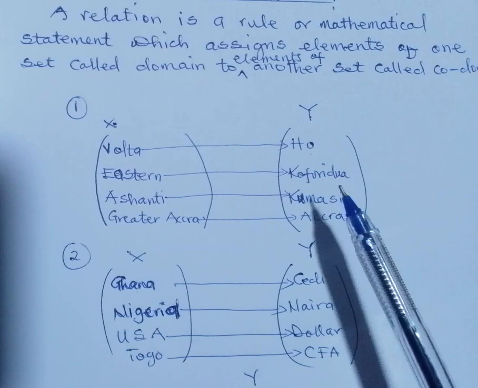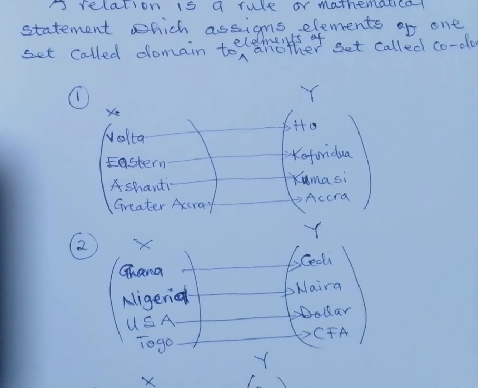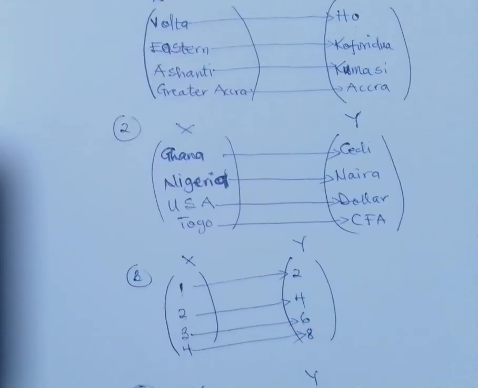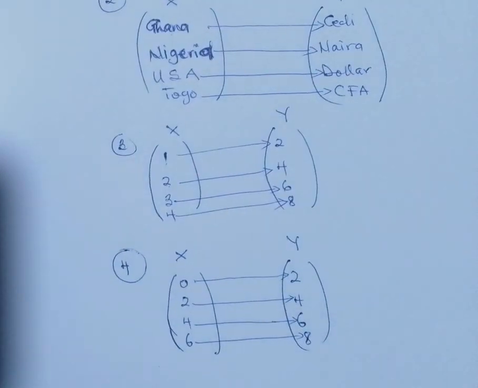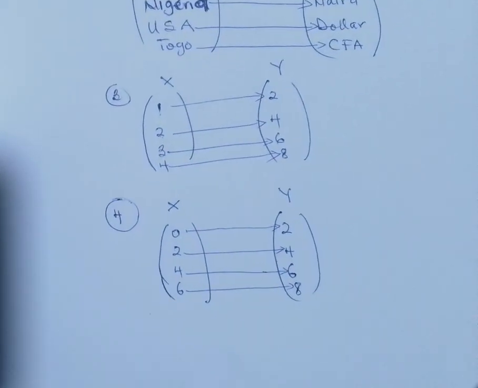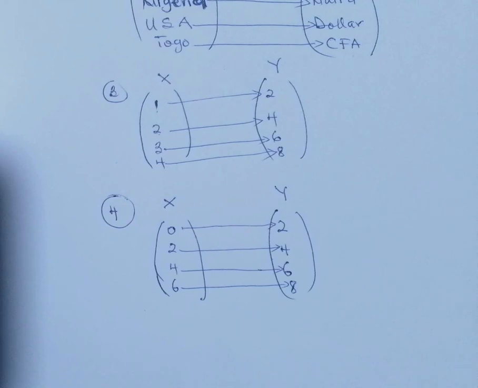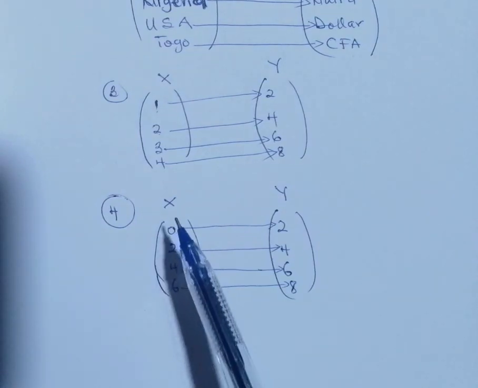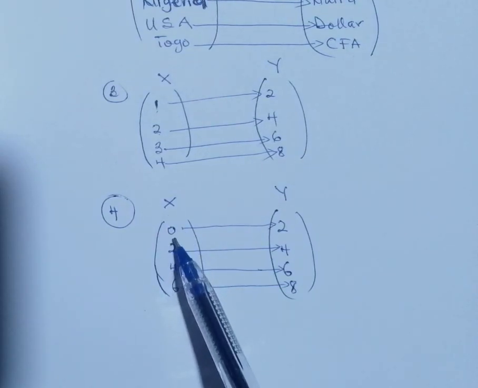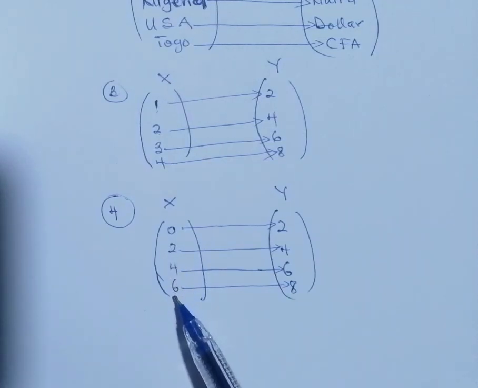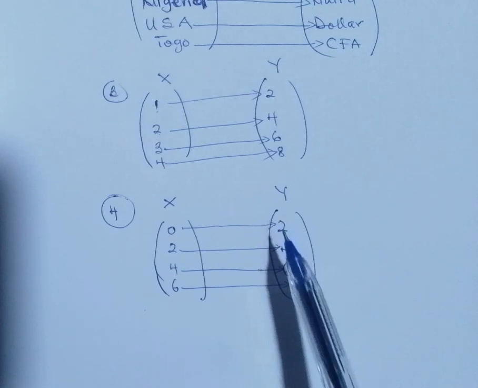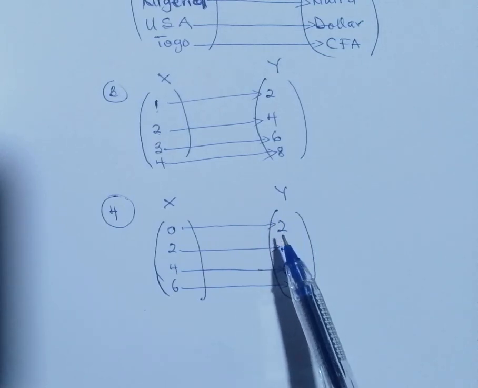All right, great. If that is the case, then let's go back to the diagrams I've drawn. Let's look at the fourth one. I know you'll be able to tell me the rule or the relation here. You see that we have X values which are 0, 2, 4, and 6, and we also have values for Y which are 2, 4, 6.